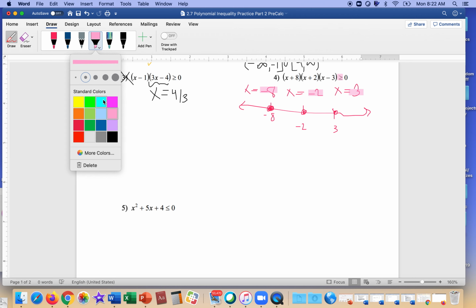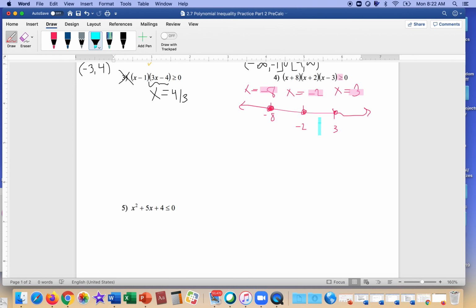Let's do 0. Right, we have to plug in here, so let's try 0. So if I test 0 and I plug 0 in here, here, and here, wherever you see x, right, I would get 8. 0 plus 2, we would get 2. 0 minus 3, we get -3.